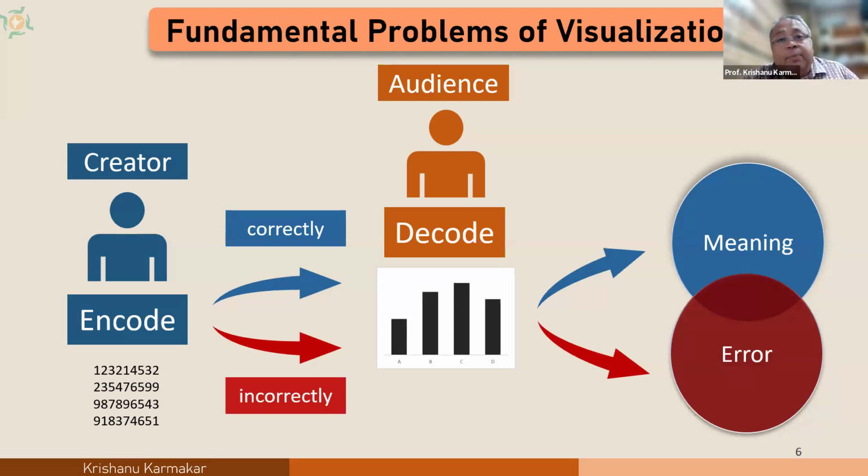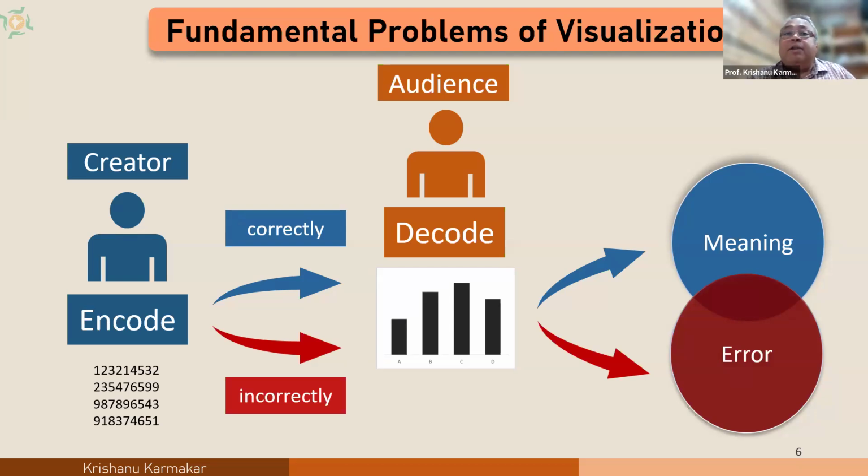Otherwise, the error will be large and the story or the message that the creator is trying to convey will be lost. Therefore, that is why the creator must follow certain conventions. These conventions are sometimes statistical in nature, sometimes they are social in nature, because that is how the audience will read. Based on those conventions, the audience will read the chart.